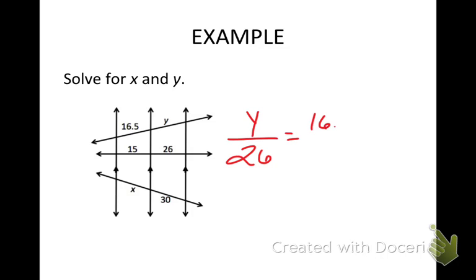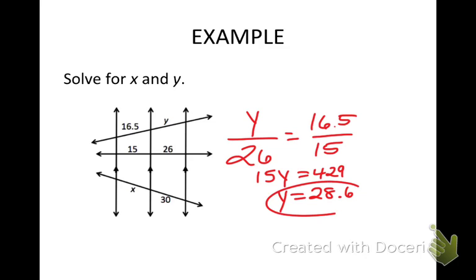Good, 16.5 over 15. What's 30? That's going to help us get the x. So then we get 15y equals 429, divided by 15, which gets us 28.6 for my y.